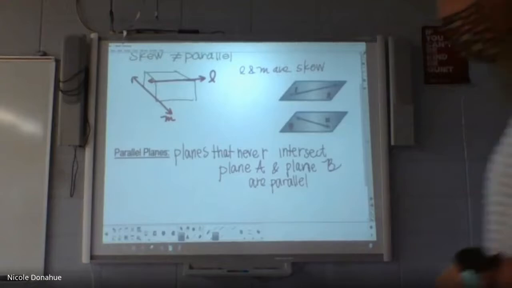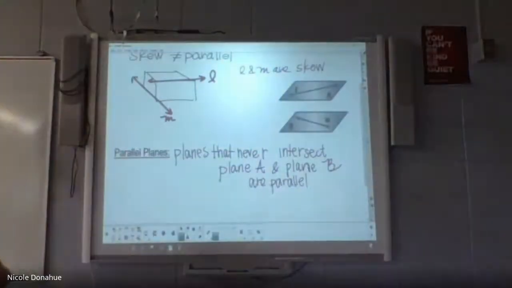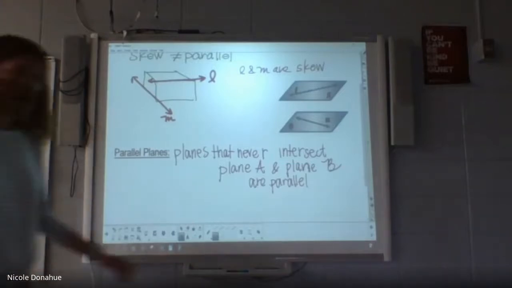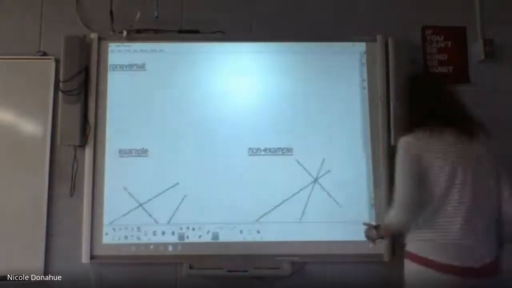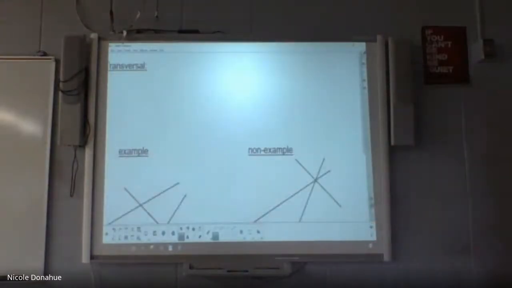All right, so when you guys are ready, flip the page. The next line is called a transversal, and it's a word, again, we don't use very often in other places, so it's a hard word to just get used to. So it's a line that intersects two or more lines with two or more intersections.